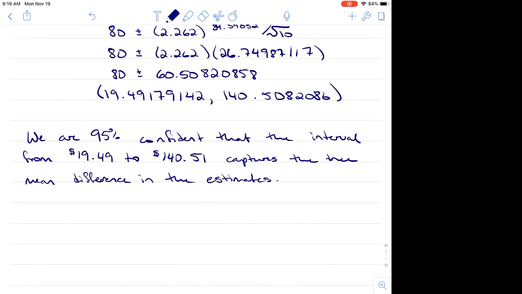That's important. We're talking about the mean of the differences. Because of how we calculated the differences, they're both positive. So since both of these are over 0, we're 95% confident that Jocko charges between $19.49 and $140.51 more than the other garage on average.